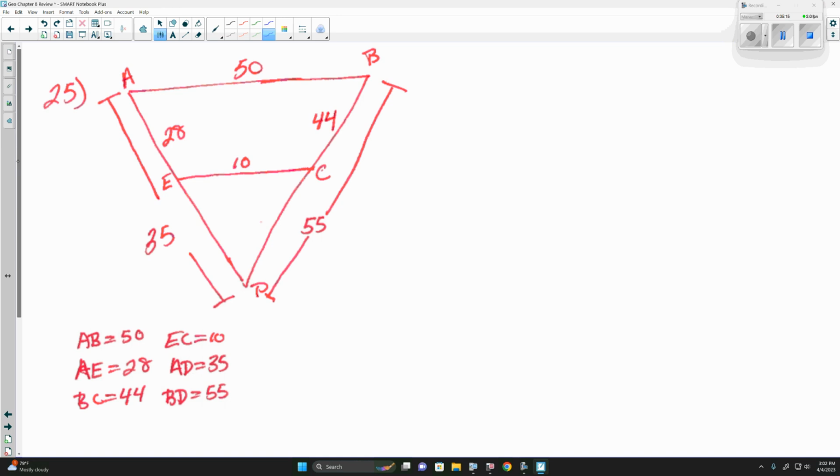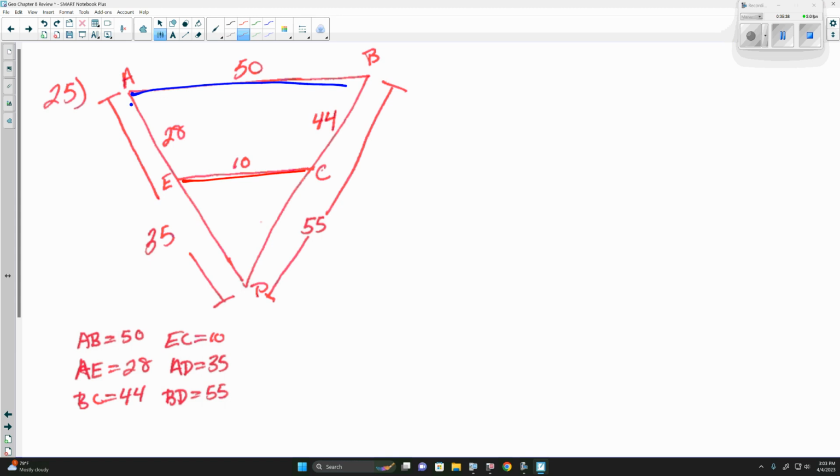So guys, let's look at 25 here. We want to determine if these two are similar. Now, we do have three sets of sides, because one of them that we have is 10 and 50. They gave those to us pretty nicely.